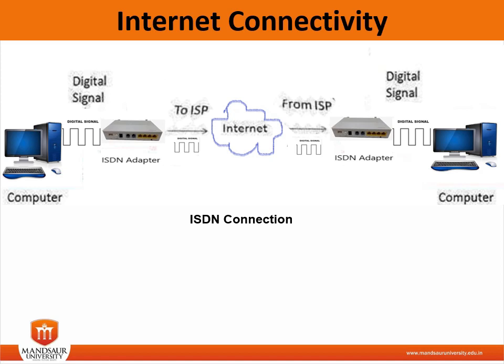These ISDN lines, on both sides, that is from the ISP, are in digital signal form, and also after the ISDN adapter these are digital signals. So this is the schematic diagram for the ISDN connection.